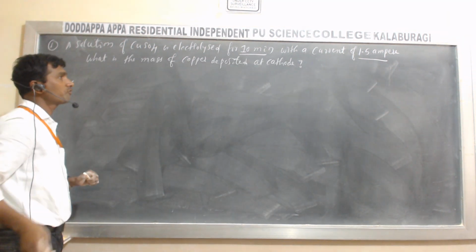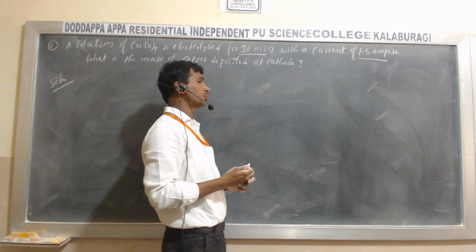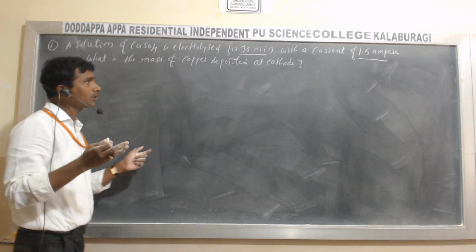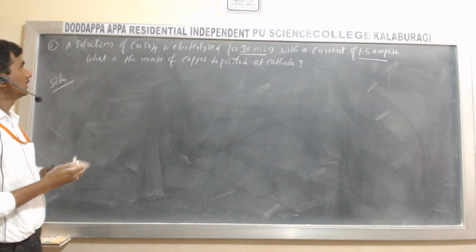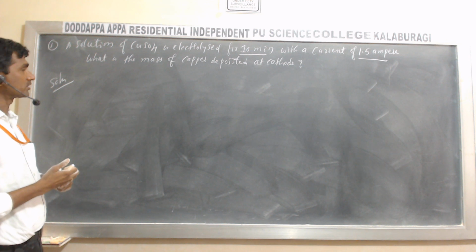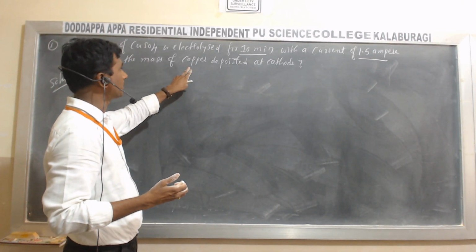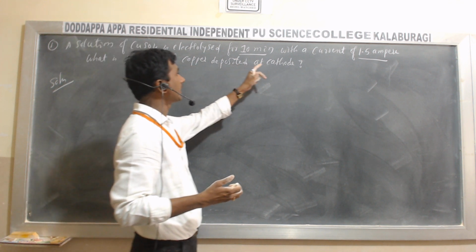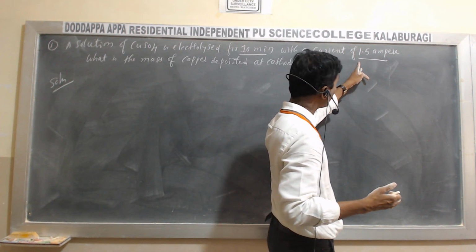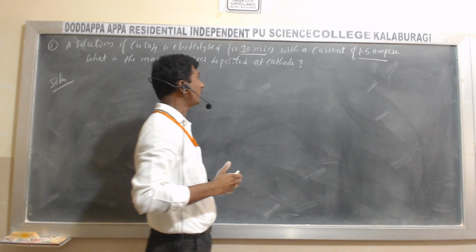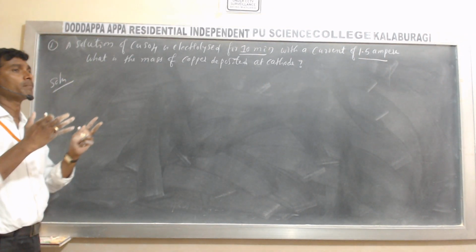What is the mass of copper deposited at the cathode? For example, in an electrolytic cell we have taken an aqueous solution of copper sulfate, and the electrodes are dipped in it, passing a current of 1.5 ampere continuously for 10 minutes. How much copper is deposited?